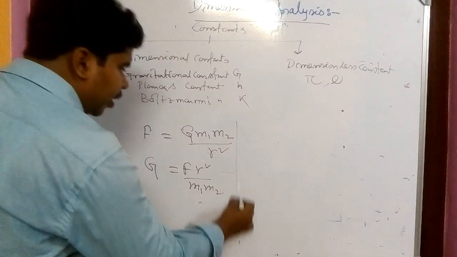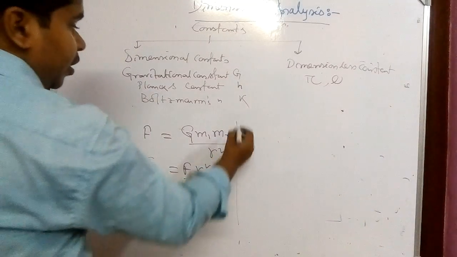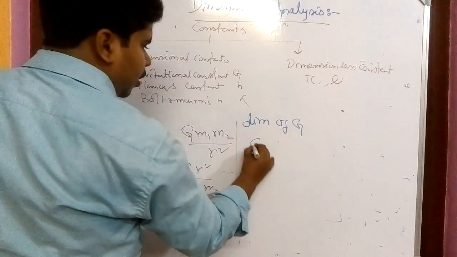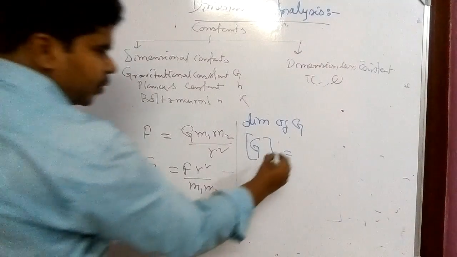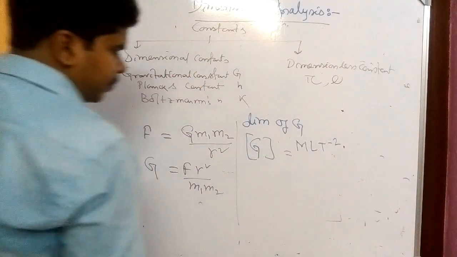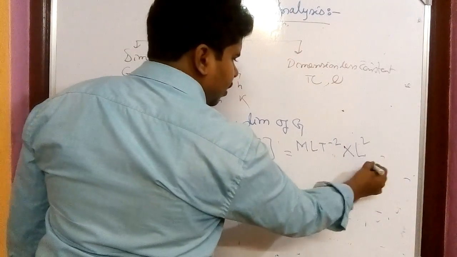Now from here, if I want to find the dimension of G, it is the dimension of F, that is M L T to the power minus 2, times r square. r square means L square.